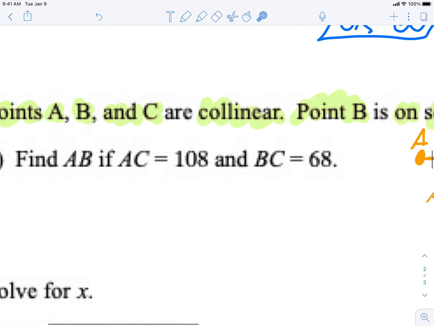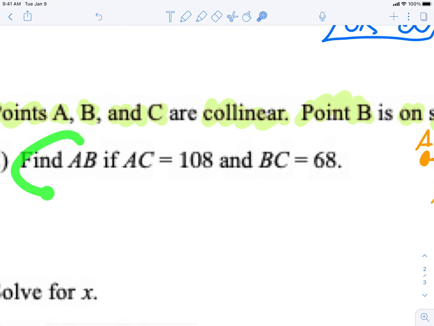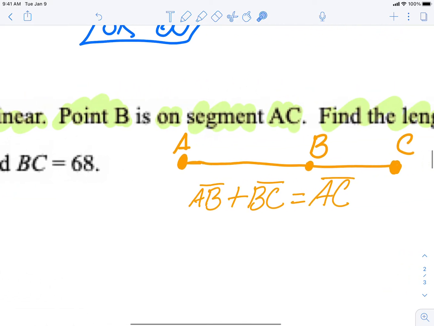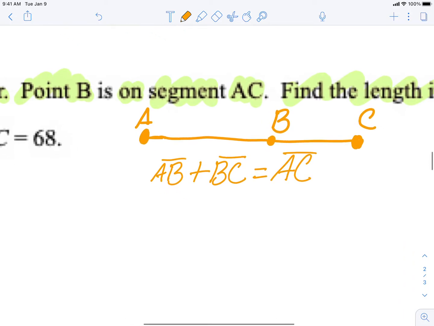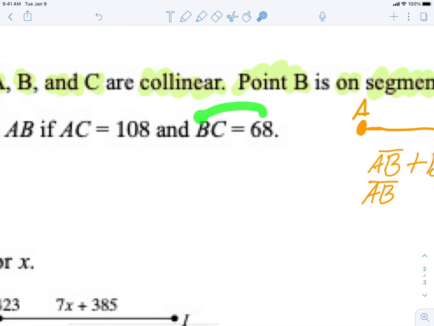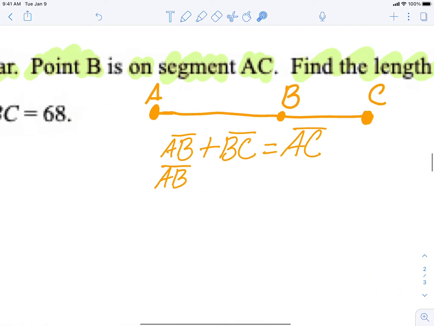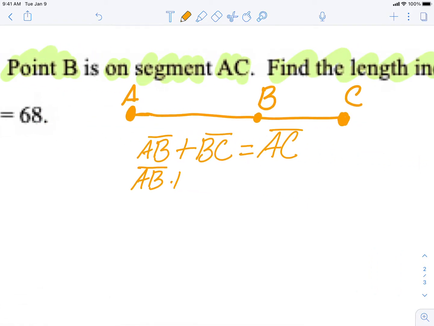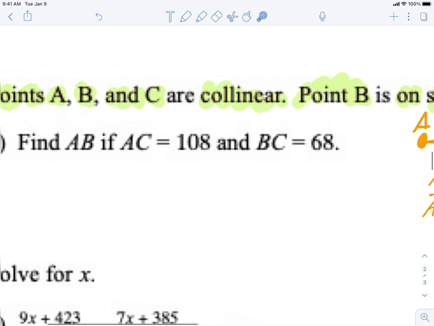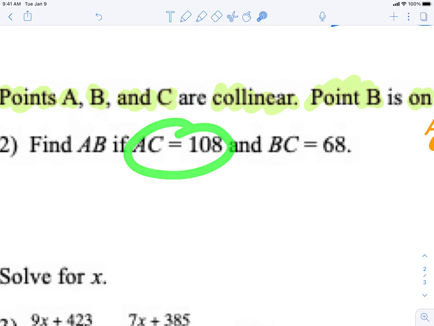It says find AB, so let's leave it as AB. Next, BC. Well, BC here is 68, so let's substitute 68. AC is how much? AC is 108.